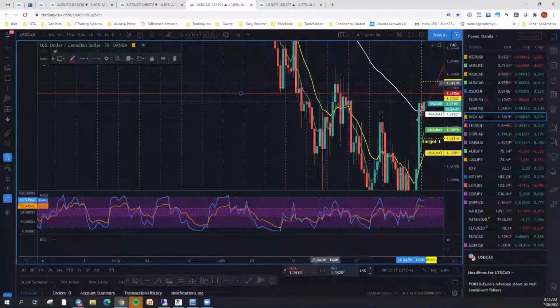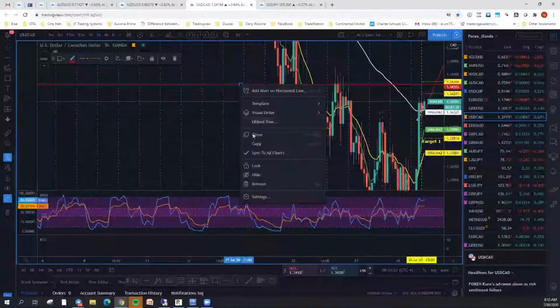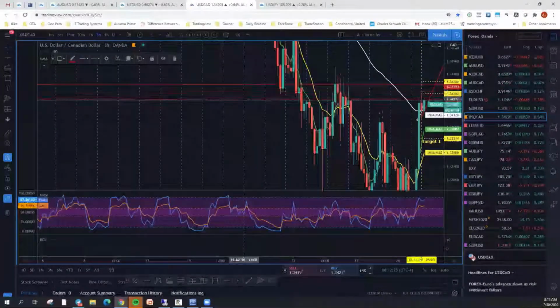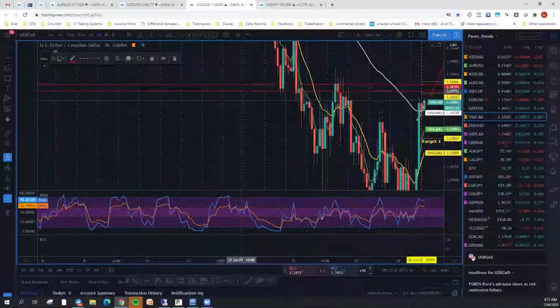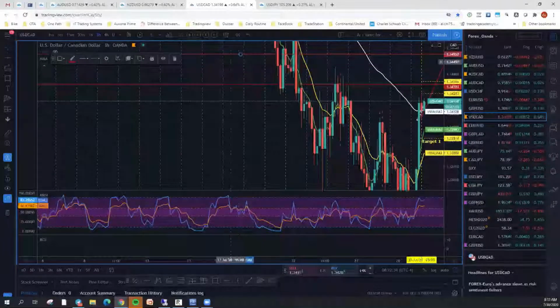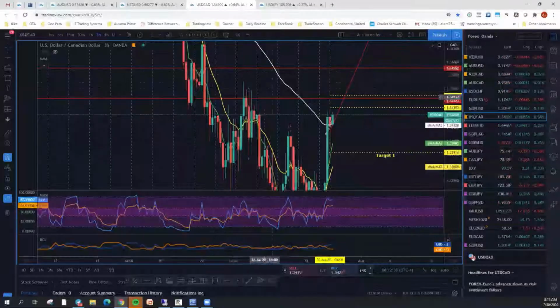I would be looking at this zone right here, pretty much the top of this. If it goes to the upside, I'd be looking at coming somewhere into this area here. It came as high as into this zone. This is as high as it came.